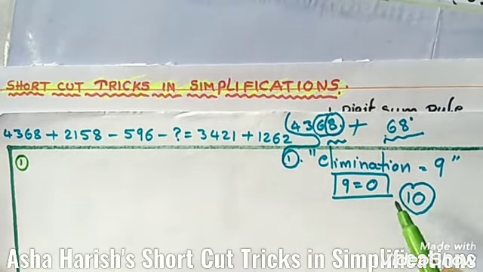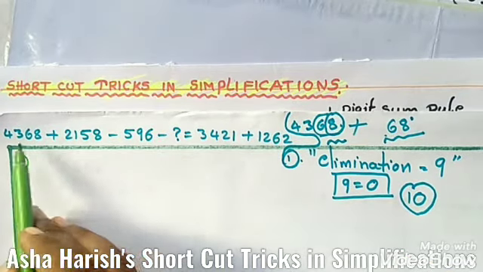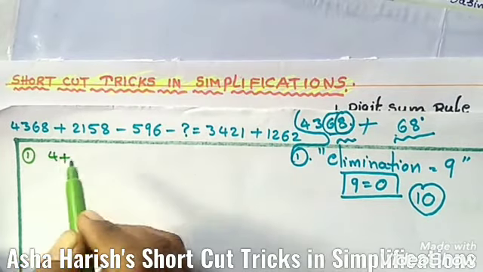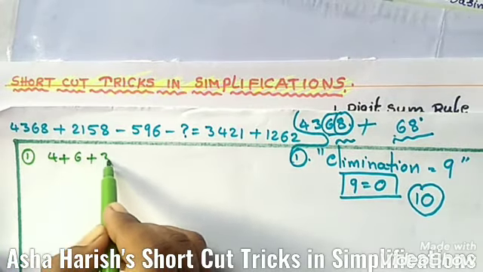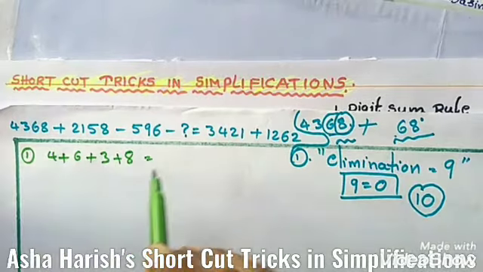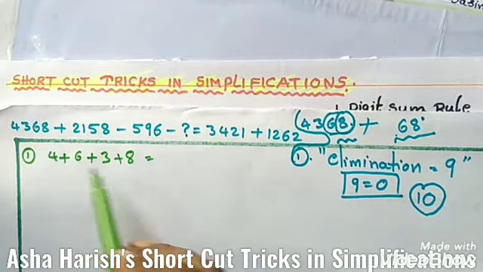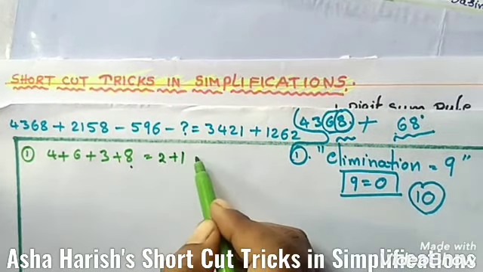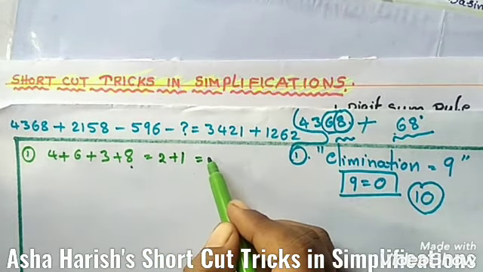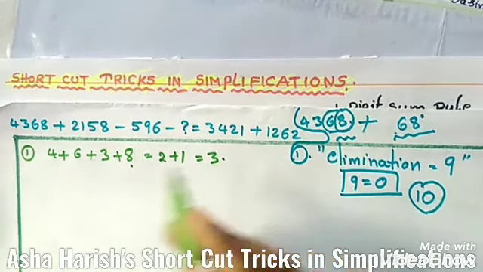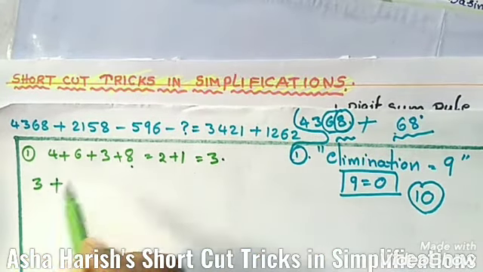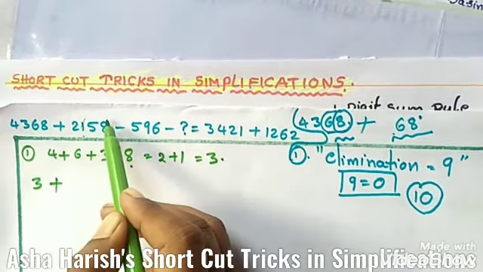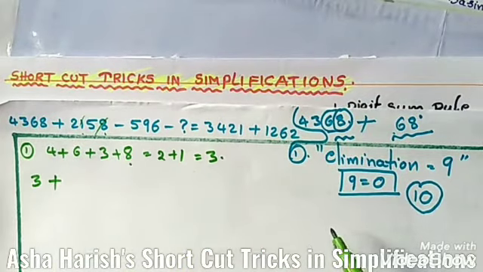If you see here, the first number: 4 plus 6 plus 3 plus 8, that is 6 plus 4, 10, 18, 18 plus 3, 21. In this 21 also you have to add again, 2 plus 1, so 3. Directly you can write here 3 plus, let us see this number: 8 plus 1 is 9, so 9 should be eliminated here.